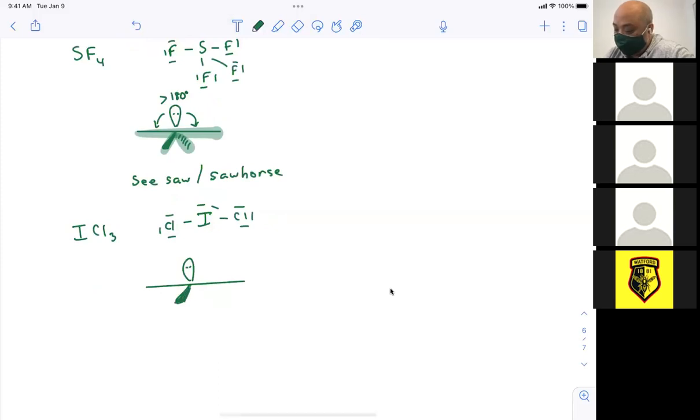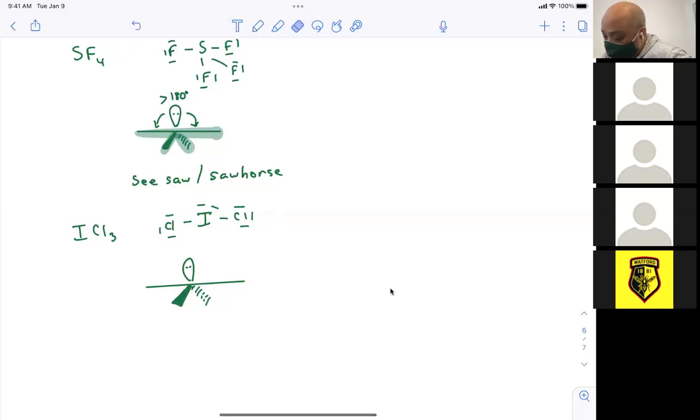Let's start with the structure we just had earlier with the lone pair there. Now remember, the lone pairs want to be as far away from each other as possible. So if that's the lone pair, what next line is the furthest away from that lone pair? One of the bottom legs, right.